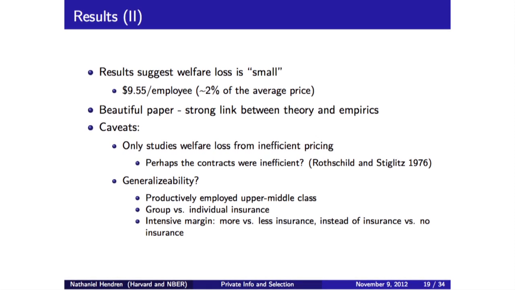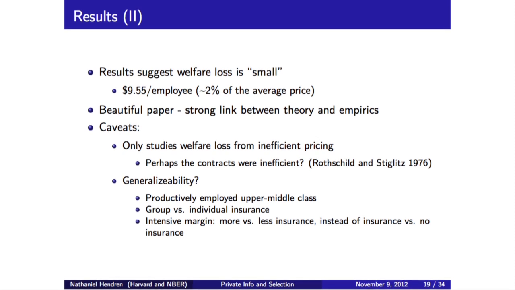It might not be the case that the plush contract is the efficient contract. In a first best world, you might have wanted a richer insurance contract that provided more insurance, but because of the potential presence of private information, they maybe chose to offer a less generous insurance contract.